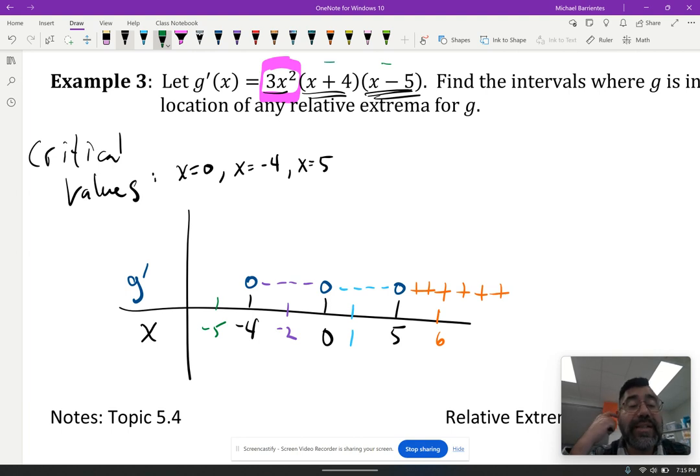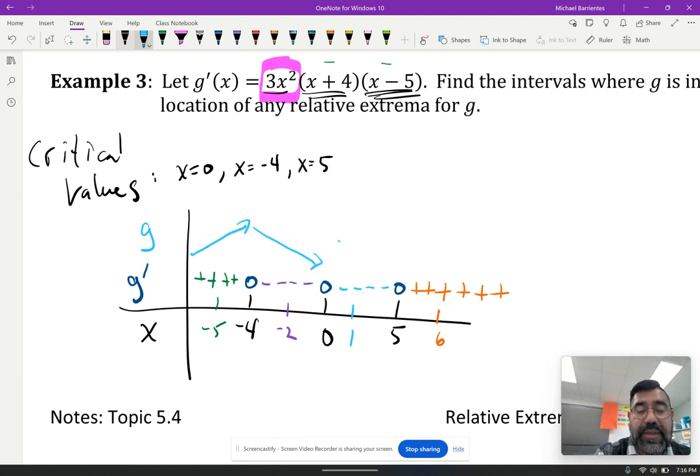Negative times a negative is a positive. What does this tell me? This tells me that the original function, let's call this g, was increasing, then decreasing, then still decreasing, then increasing.